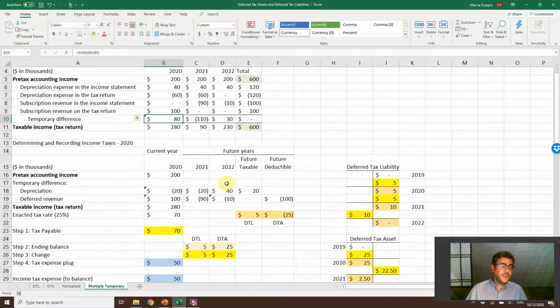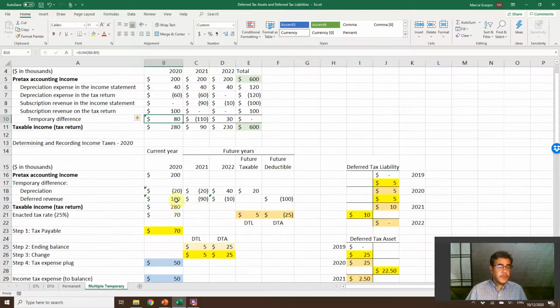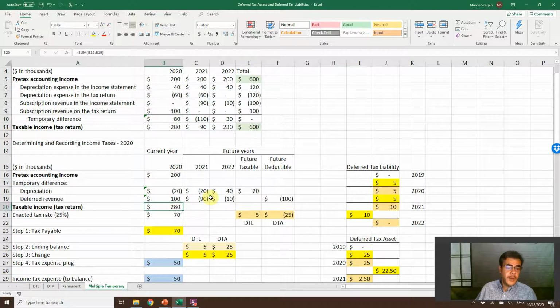And so the first one, depreciation. So our taxable income, 280, depreciation negative 20.